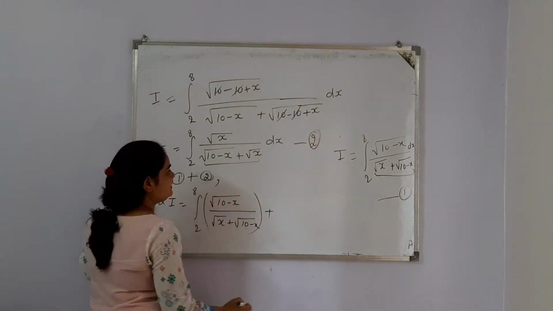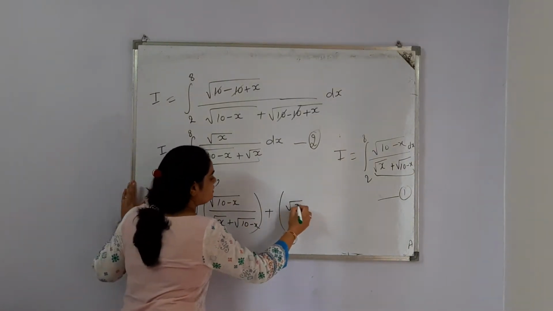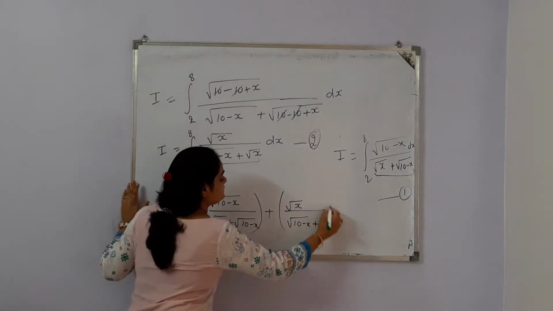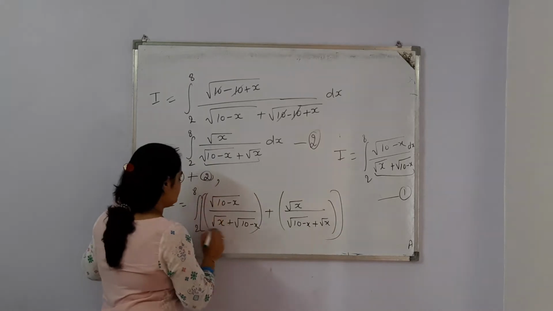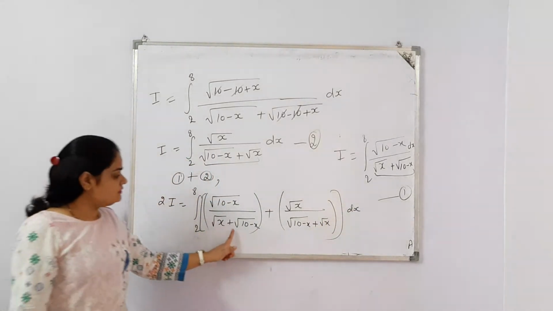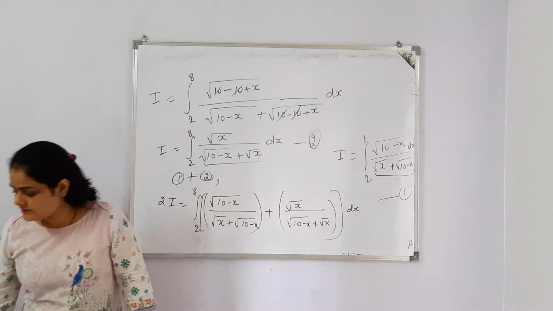First thing plus the second thing is under root x, under root 10 minus x, plus root x, and we need to integrate with respect to x. Now the denominators are the same, we can take the LCM.